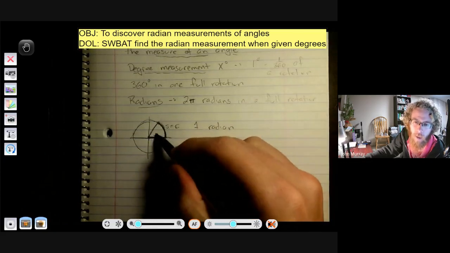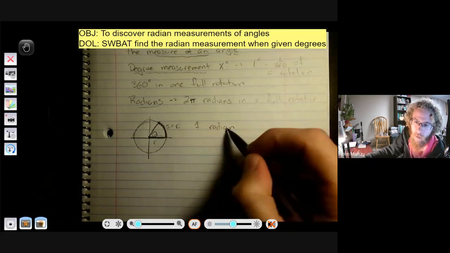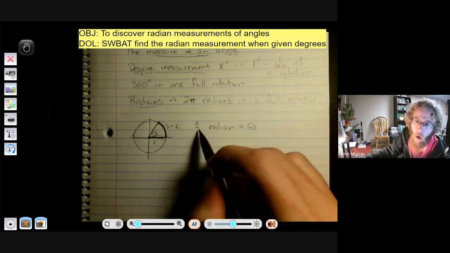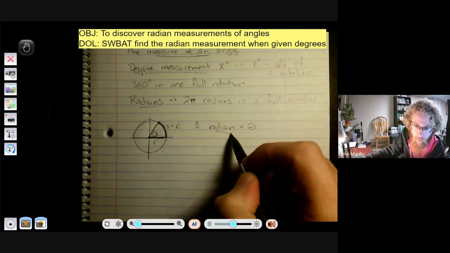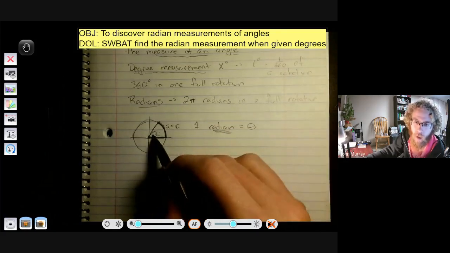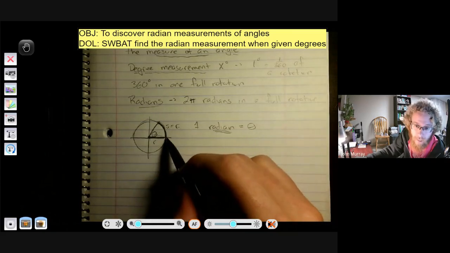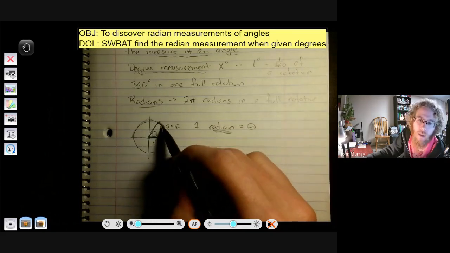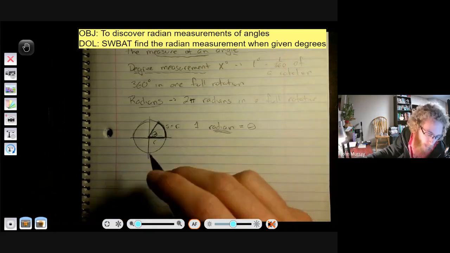The angle that creates is 1 radian. Okay, so that's where we get the term radian. This measurement is if we took the radius along the edge of the circle, and it's the resulting angle that we get.